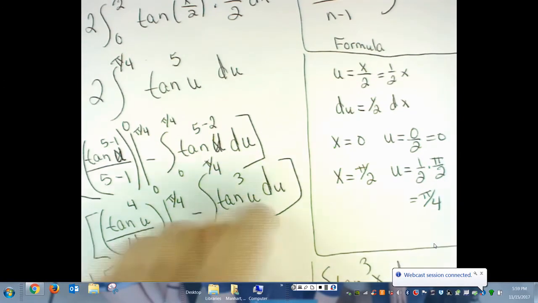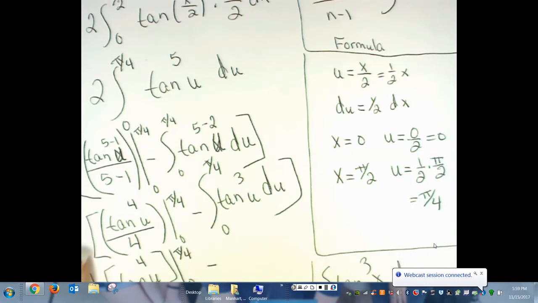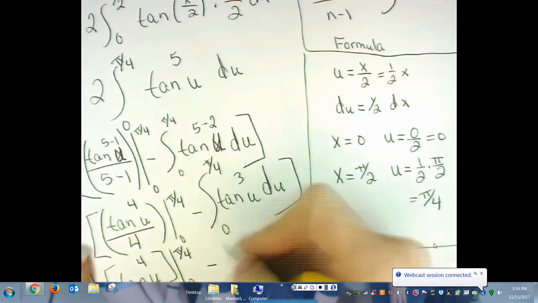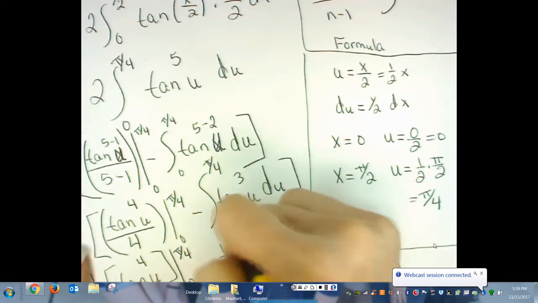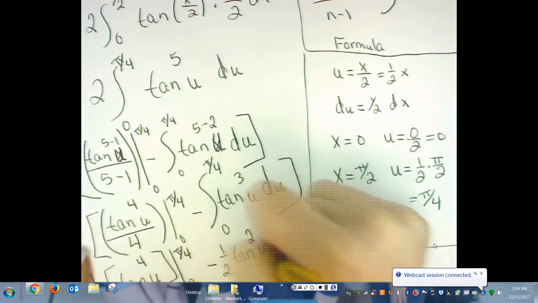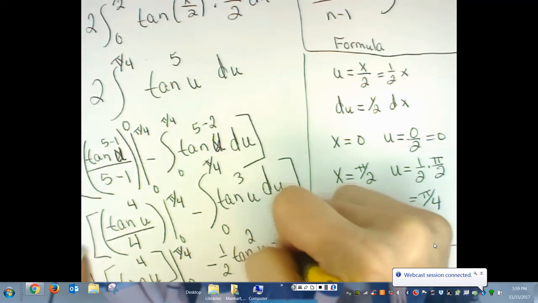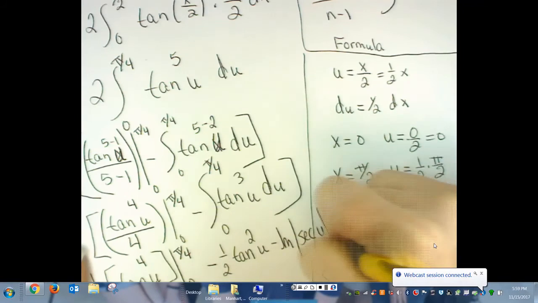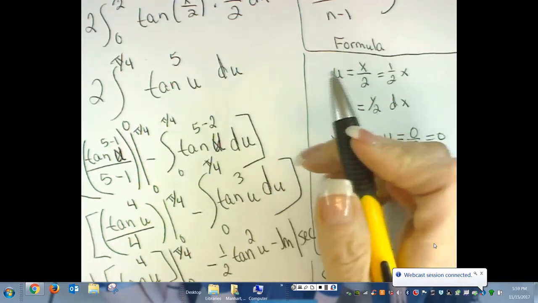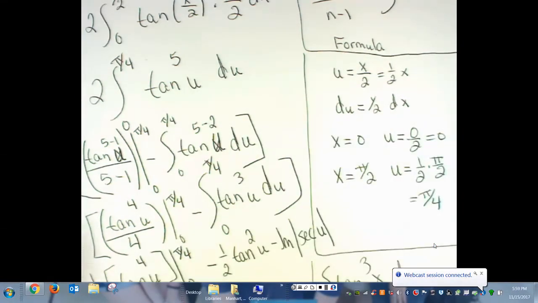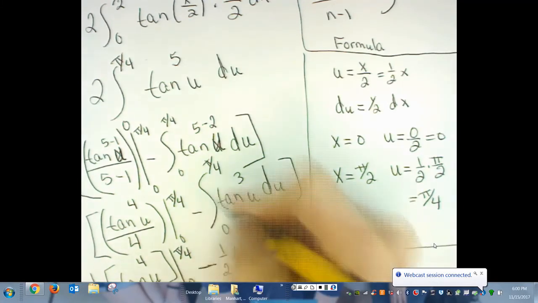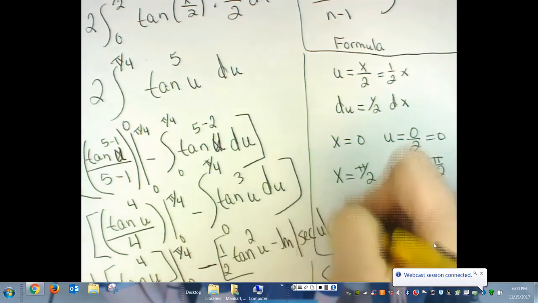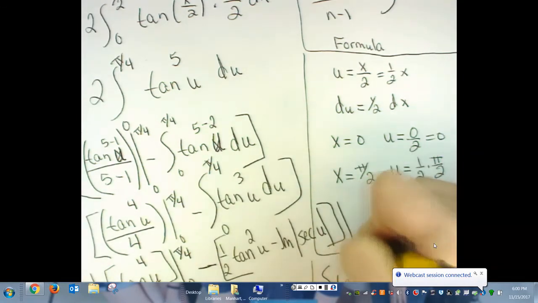But for tangent of u cubed, I'm going to write in, here's the blue box special for that, 1 half tangent squared u minus the natural log absolute value of secant u. And I am going to remember that my 2, so let me put brackets around this, from 0 to pi over 4.